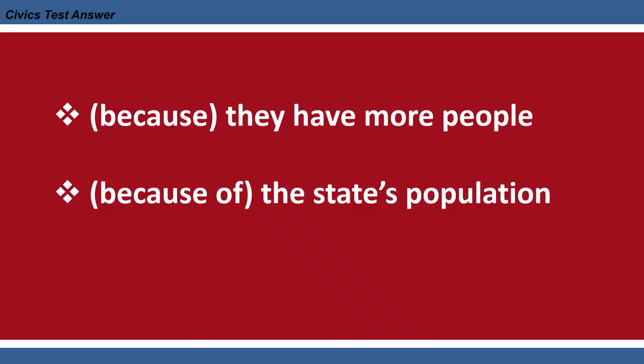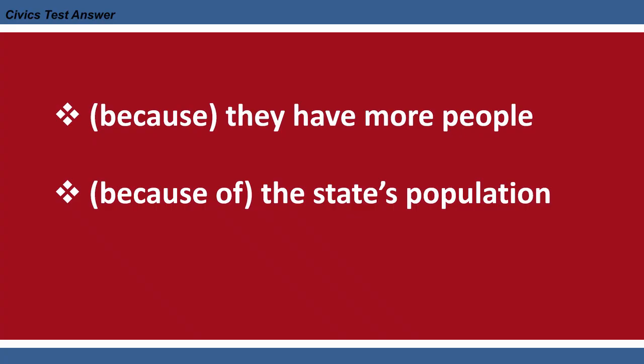The writers of the Constitution disagreed about whether to count only citizens or to count all people living in a state when determining representation in the House of Representatives based on population. Slavery was abolished after the Civil War, ending the debate on whether enslaved people should count toward the state's population when determining representation in the House.